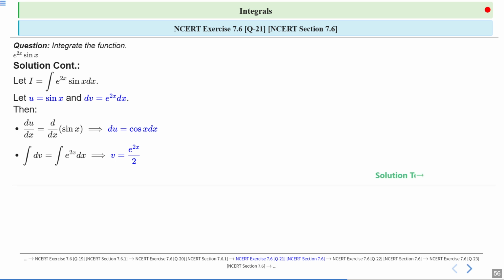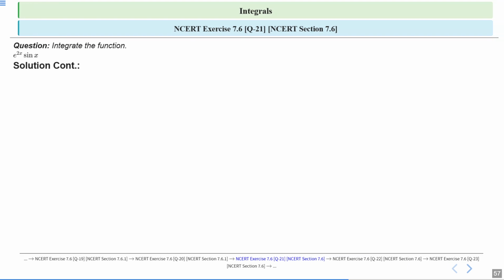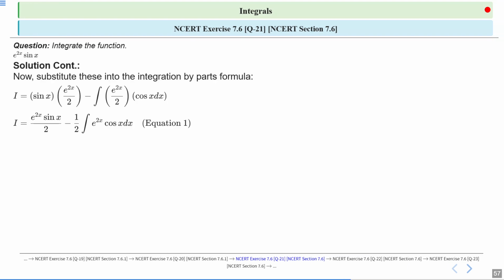Just substitute into the by parts formula. We get sin x into e to the power 2x by 2 minus integration of e^2x by 2 into cos x dx. So e^2x sin x by 2 minus, constant terms come out of the sign of integration, 1 by 2 integration of e^2x cos x dx.